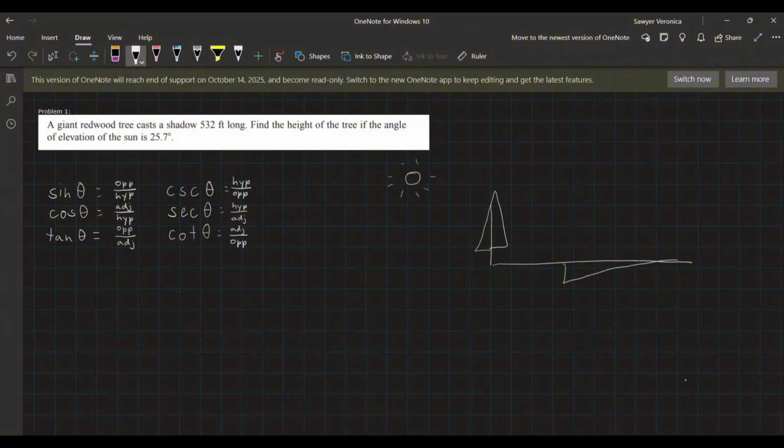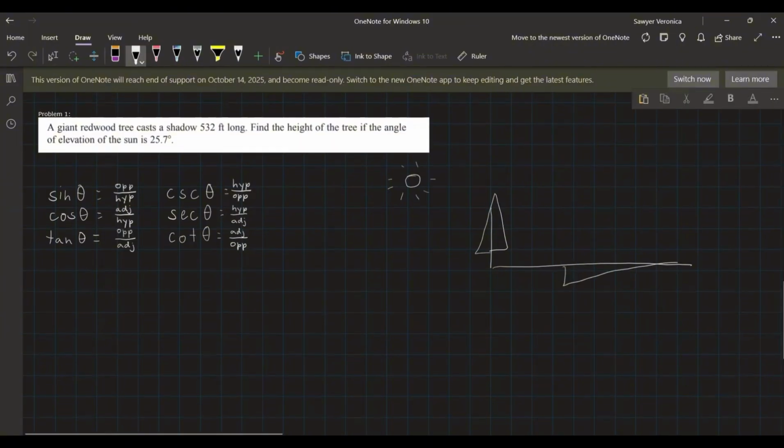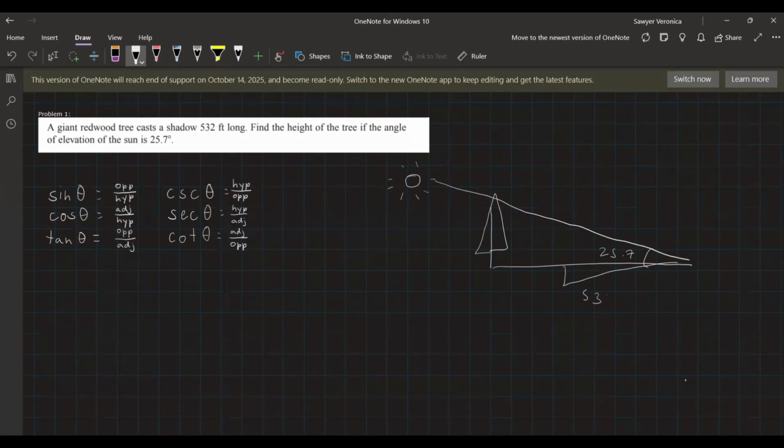And then the angle of elevation, this is 25.7 degrees. The shadow is 532 feet. And we're looking for the height of the tree. This is x.